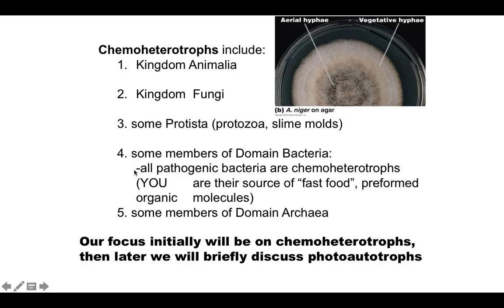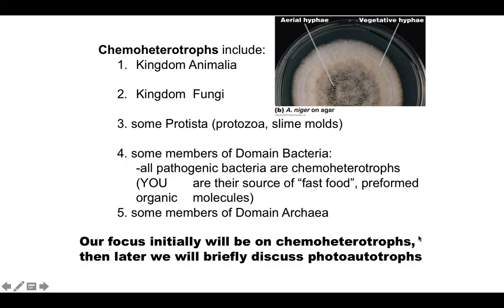And folks, we could say that all pathogenic bacteria that invade another organism and cause harm, they're all going to be chemoheterotrophs. And this also helps us understand that the reason these bacteria are invading us is that they need a preformed source of organic molecules. So we're just kind of fast food for them, right? So we're going to act as the source of high energy electrons for those darling little chemoheterotrophic bacteria, and then some members of domain Archaea.